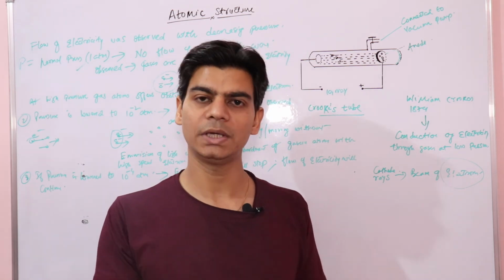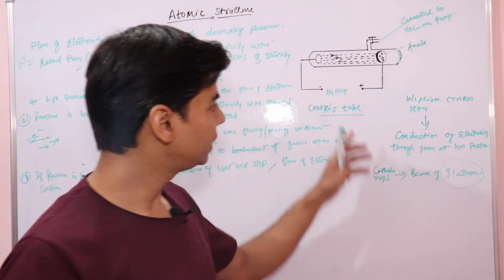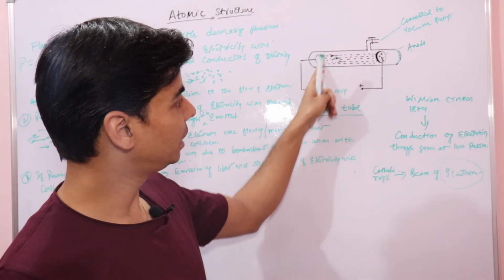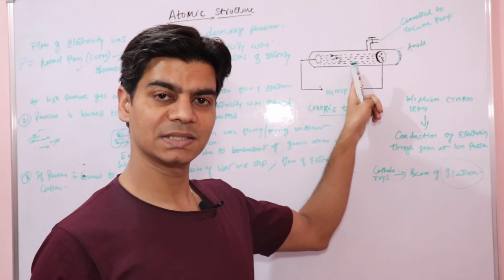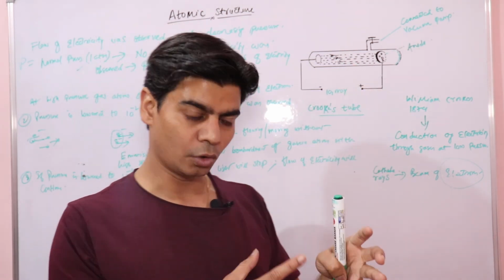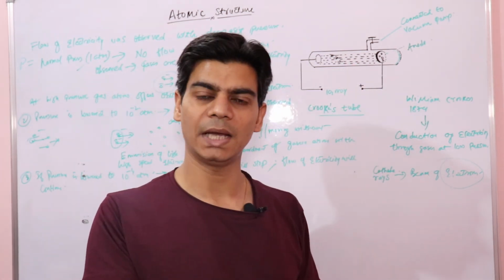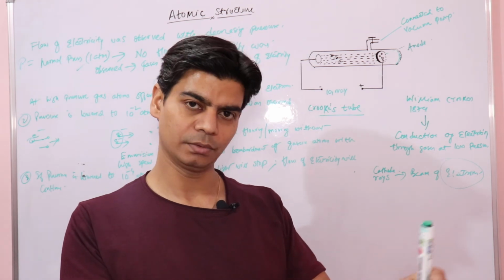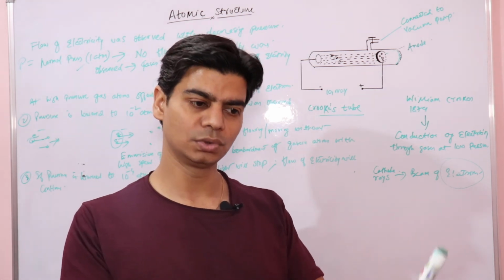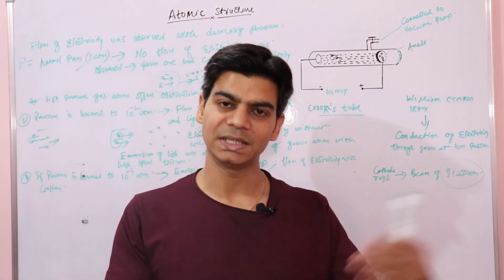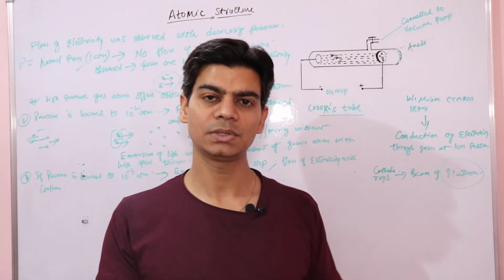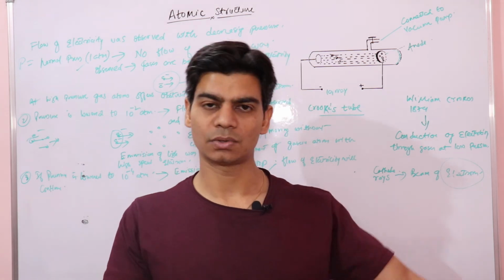How do they come from gaseous atoms? Because when the electrons from the material of the cathode hit these gas molecules or gaseous atoms, on collision, the term we use is that the electrons bombarded the gaseous atoms and produced electrons.